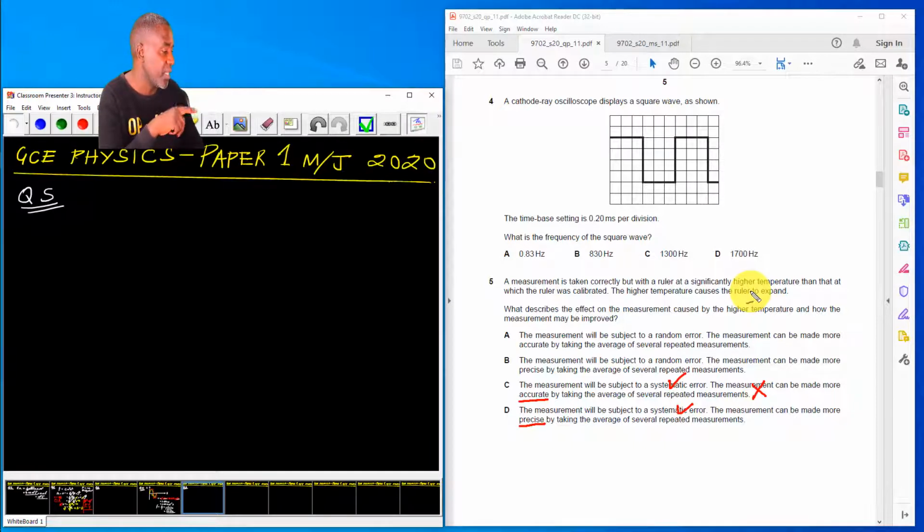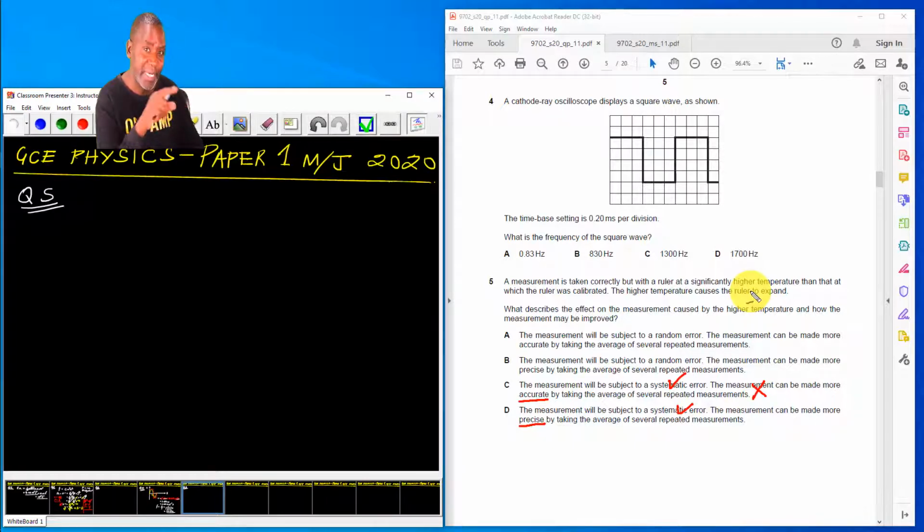It cannot be solved by changing the instrument, because even the other meter rule will come in with the same kind of error. But here, in part D, they have not addressed the idea of making the reading more accurate.